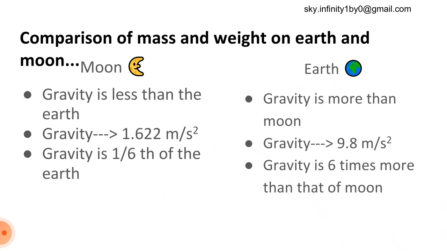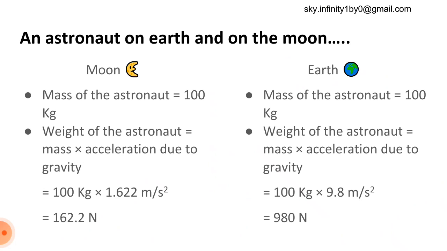This has taken many years of research by many scientists, and they have used many mathematical formulas to come up to this conclusion. They have also given us the exact value of gravity on earth, which is 9.8 meters per second square, and gravity on moon, which is 1.622 meters per second square. So from this we can conclude that gravity on moon is 1/6 of that on the earth, and gravity of the earth is 6 times more than that of moon.